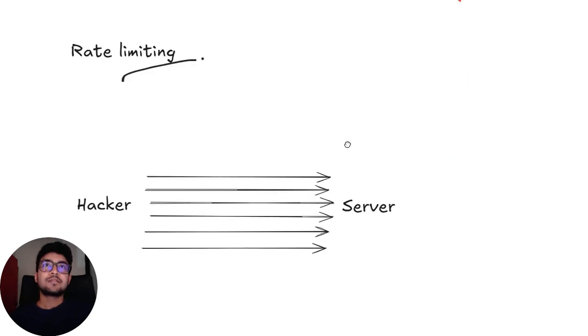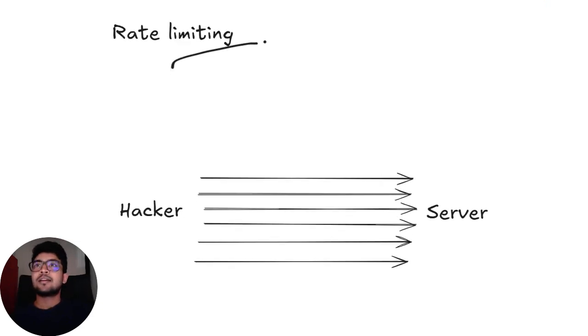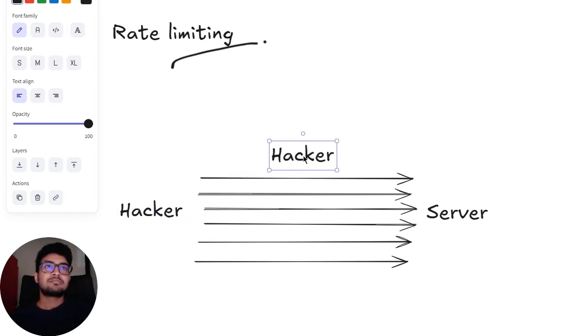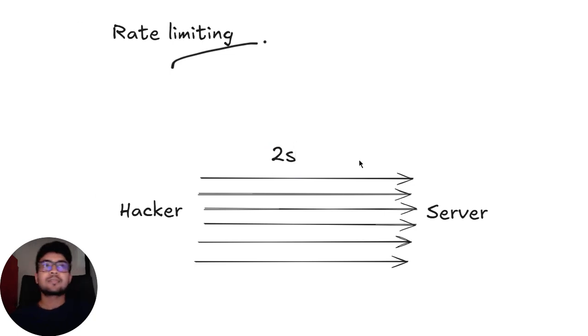Which brings me along to the next big thing, which is rate limiting. Now, imagine a hacker or even an innocent user sending thousands of requests to your server in just a matter of seconds, let's say 2 seconds. And this will ultimately lead to crashing your server without limits.